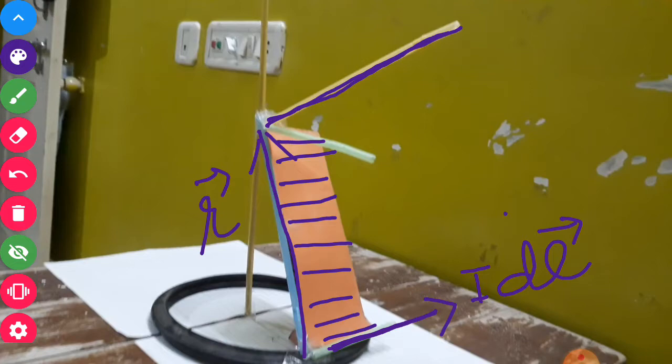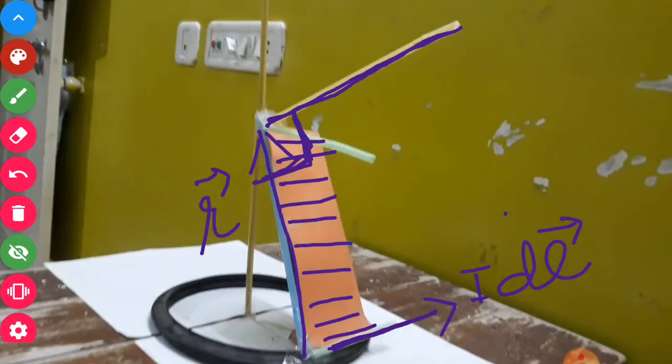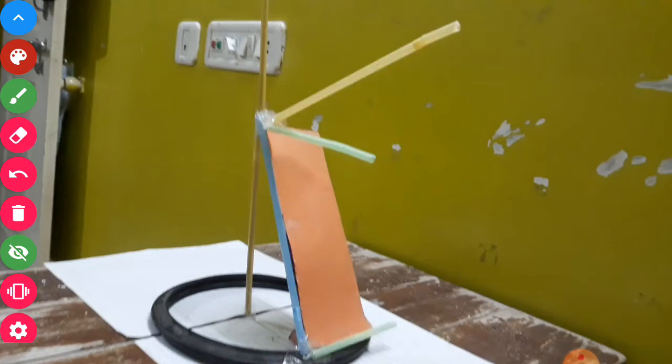So here this angle, if you can see, must be 90 degrees. Perpendicular to the plane, that is why this angle will be a 90-degree angle. So that is visible to you. Now we move further.